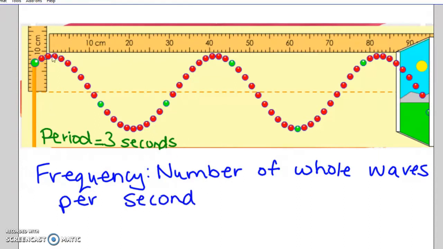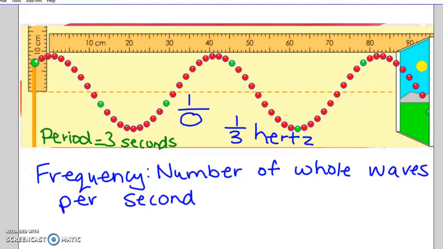So if my period is 3 seconds, meaning it takes 3 seconds for this whole wave to pass, my frequency would be 1/3, and we measure this using units called hertz. If you notice, I can calculate my frequency by taking 1 and then putting that over the period.